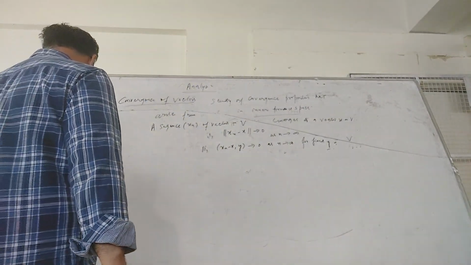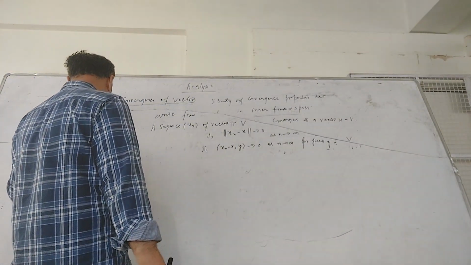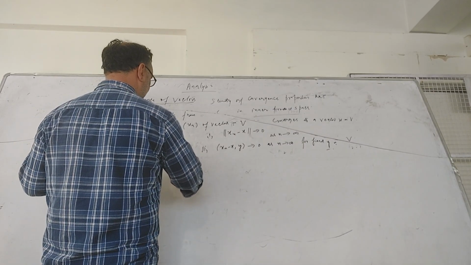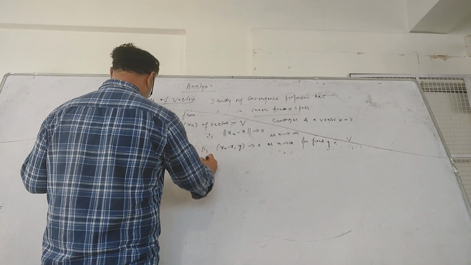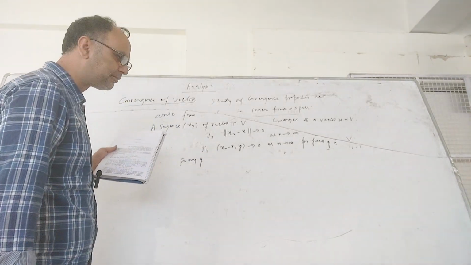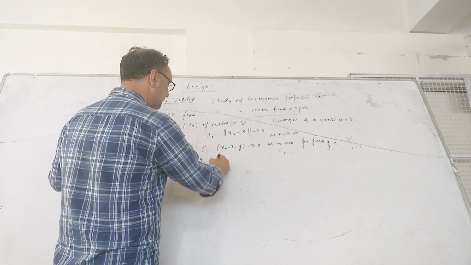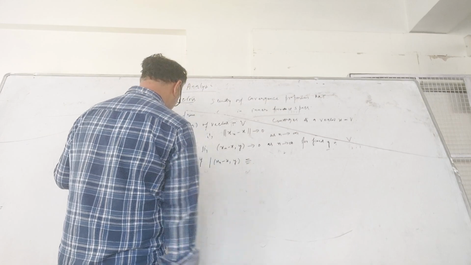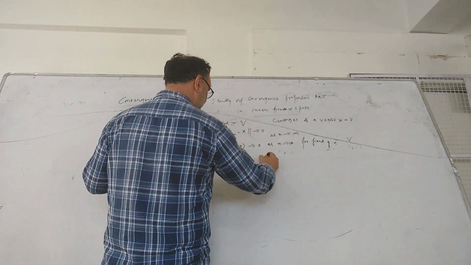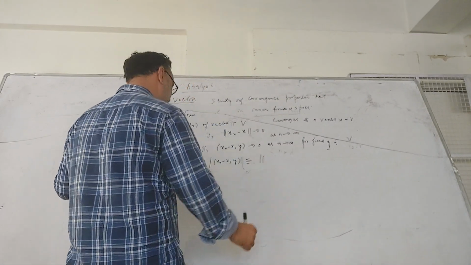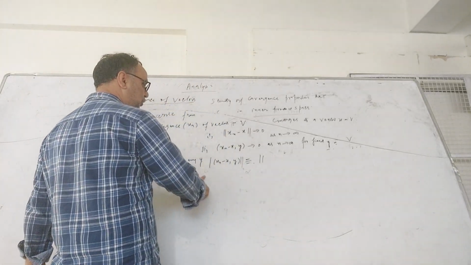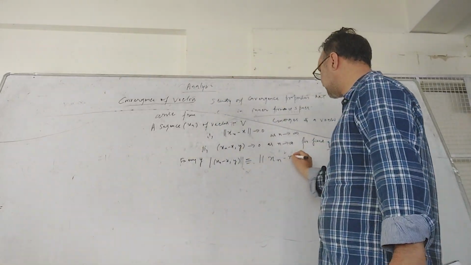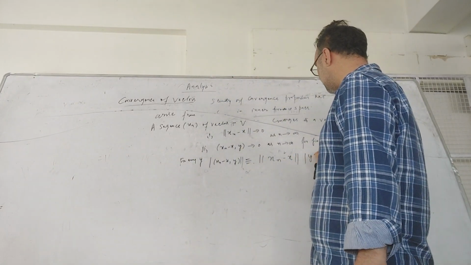So the point arises, if the first is true, we have for every y, |(xn minus x, y)| is less than or equal to the norm of xn minus x times the norm of y.